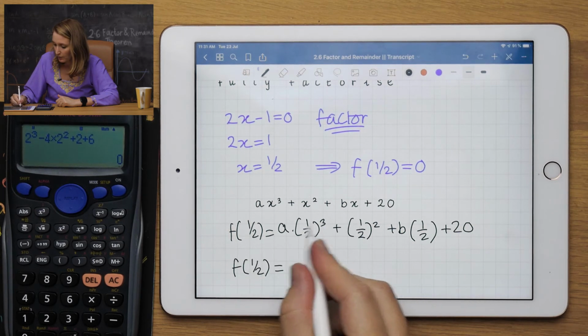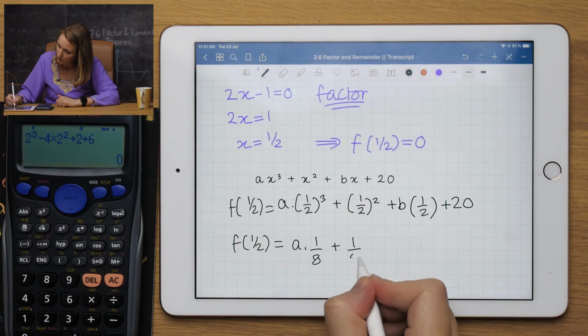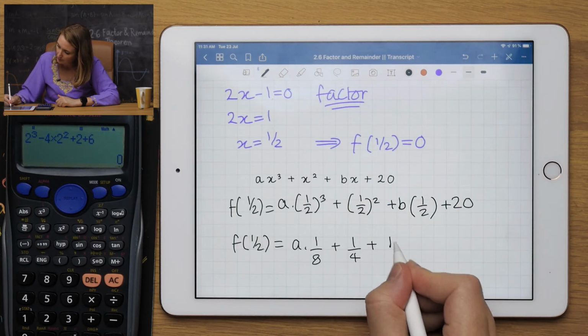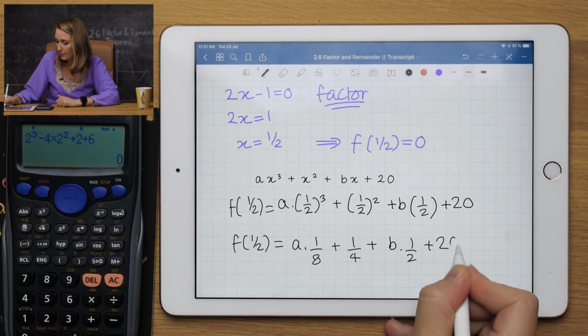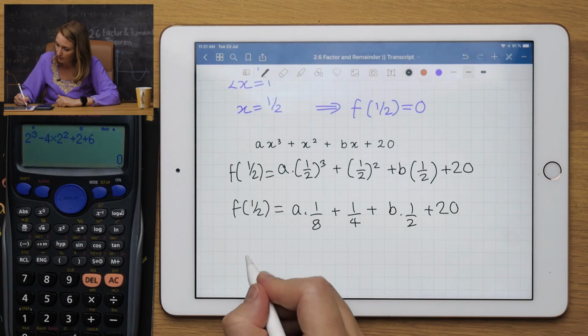So that would be 1 over 8 plus a half squared is 1 over 4 plus b times a half plus 20. Now we know that by the factor theorem this needs to be 0.